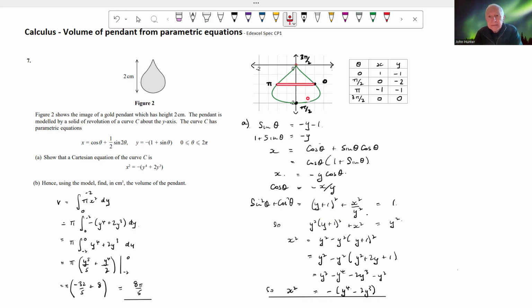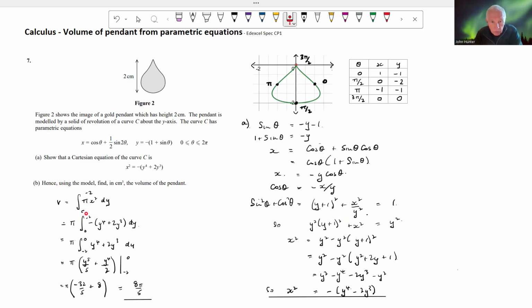And the area of each of those disks, because we're spinning around the y-axis, is going to be pi r squared, where the radius is the x coordinate. Yeah, pi r squared, and we're going to do that between there, going right down to there.